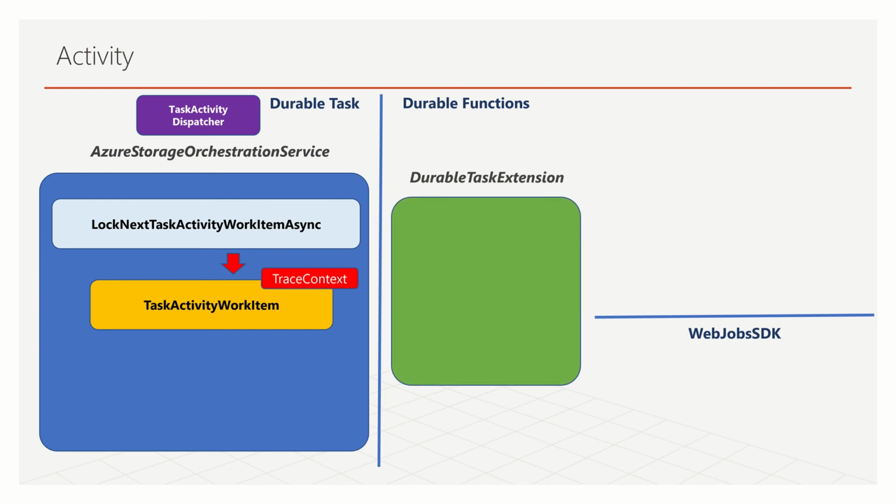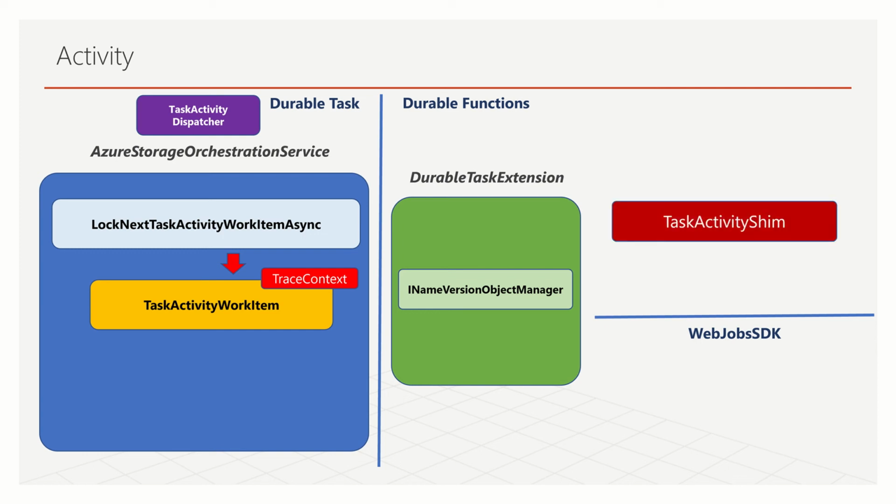So this dispatcher executes the INameVersionObjectManager at the durable task extension method. This executes that, but the behavior is a little different. This one doesn't execute the Azure Functions host.